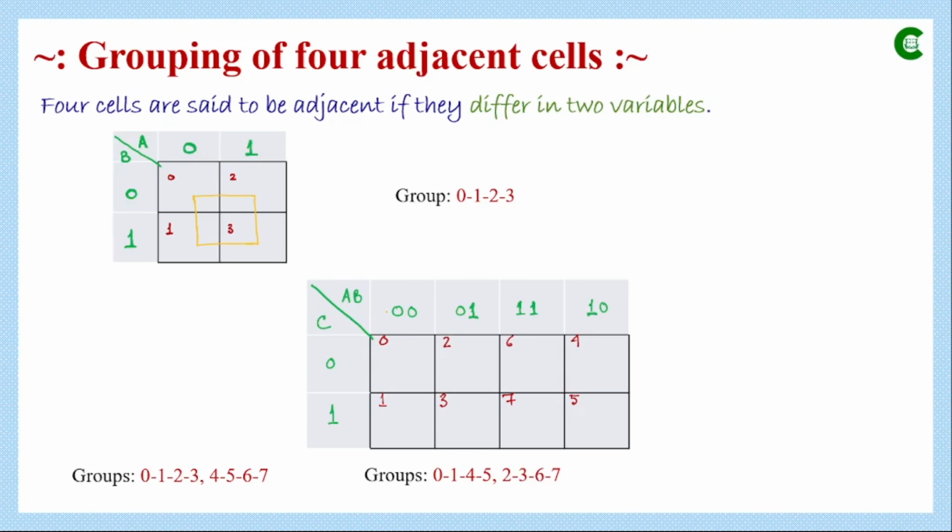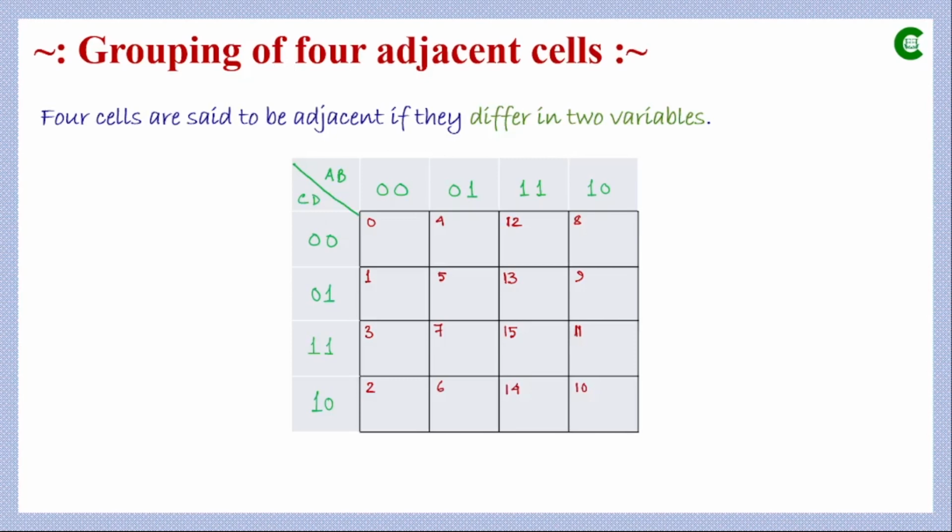Now if we evaluate variable b, then b first changes value from 0 to 1, then it remains the same, and then again it changes value from 1 to 0. That means there is a change in value for b also. So there is a change for 2 variables in these 4 cells. So grouping of these 4 cells is possible, and this is a group of 4 adjacent cells. The same logic is also applicable for 1, 3, 7, 5, and this group will also be a group of 4 adjacent cells.